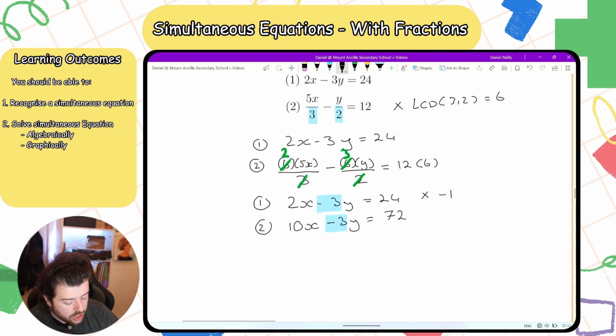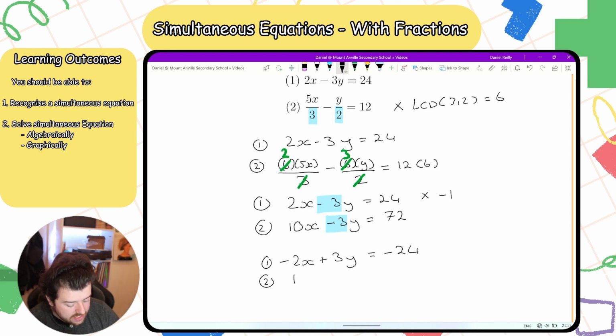So 2x times -1 is minus 2x. Minus 3y times -1 is plus 3y. 24 times -1 is minus 24. Equation 2 is going to be 10x minus 3y equals 72.